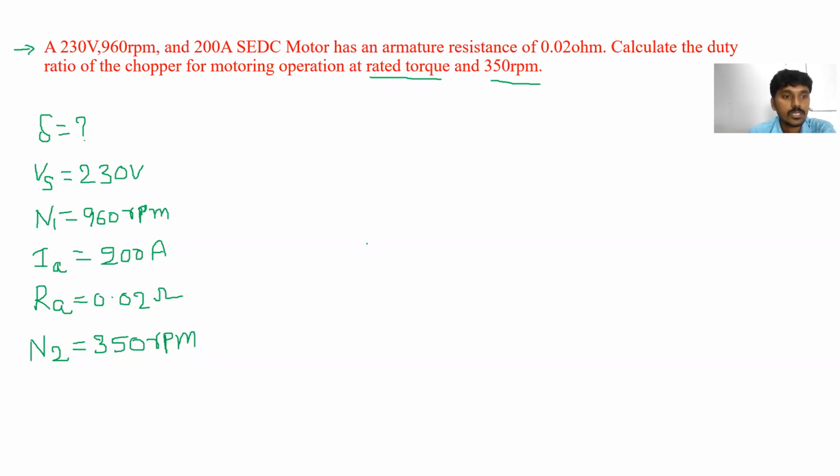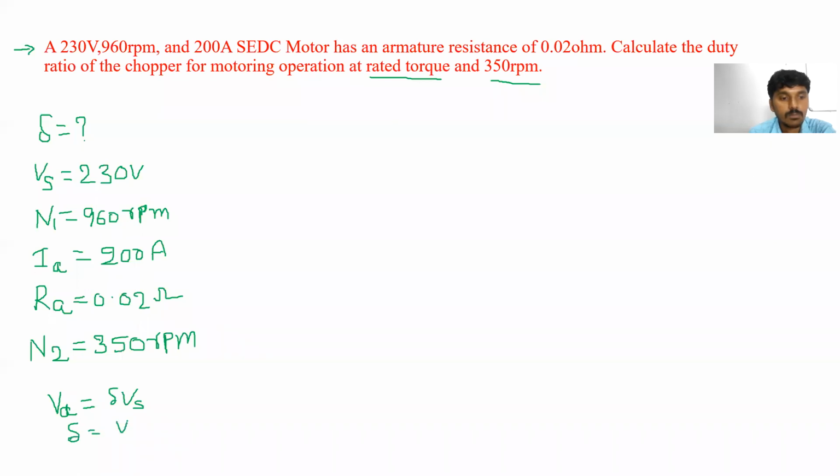So how can we find out this duty cycle? We know the formula VA is equal to delta into Vs. From this equation we can easily find out the delta.